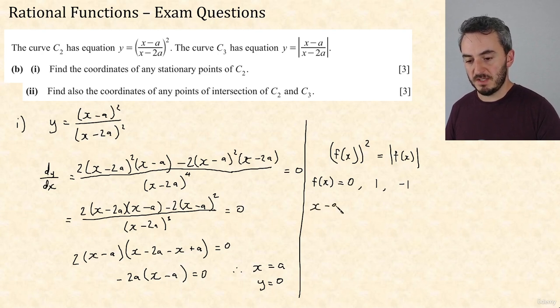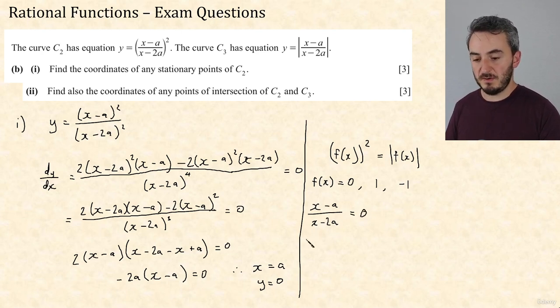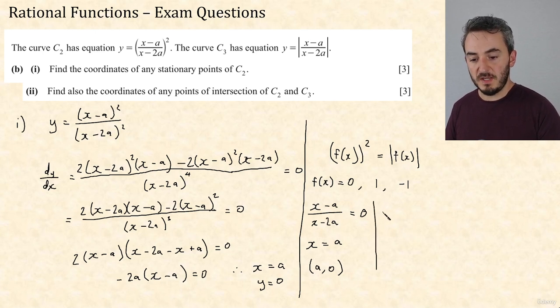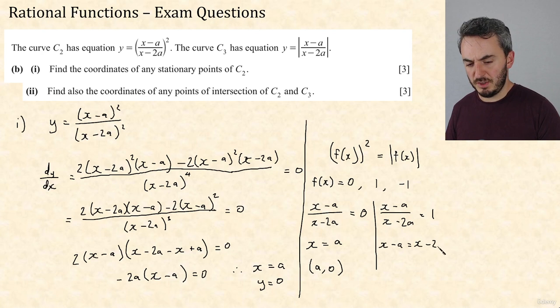Solving x minus a over x minus 2a equals 0 just means x minus a is 0, so x equals a. And that's when y equals 0. So one coordinate is a, 0. Solving where x minus a over x minus 2a equals 1, that's when x minus a equals x minus 2a.